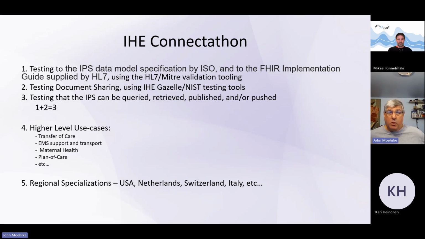SIPS is really an effort to satisfy our role within the joint standards organization's initiative, and to recognize that many who would be entering the IPS space might not understand document sharing and might need to be spoon-fed what is document sharing.